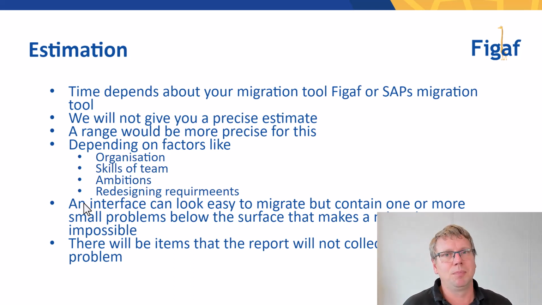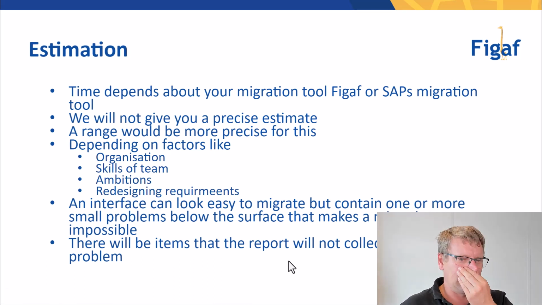So it could look like this ICO is easy to do, but once you work on it, you find out that it is too challenging to actually do this. And this is one of the challenges with such a migration. There is going to be something that we do not catch in this, but hopefully you have some buffer to support these scenarios.